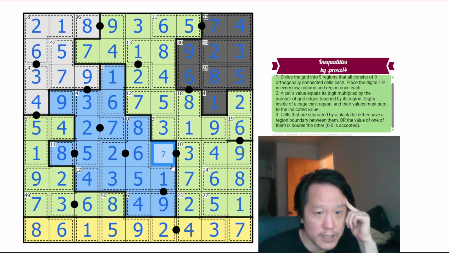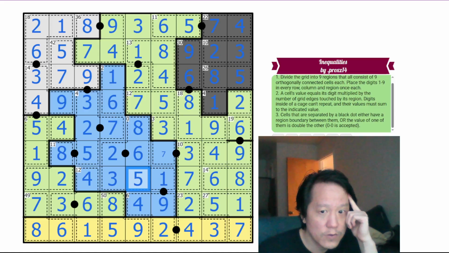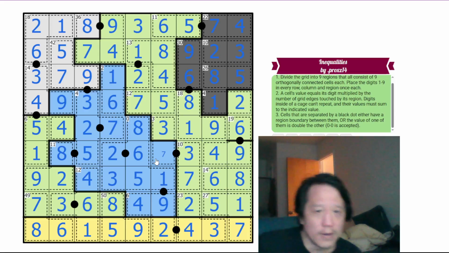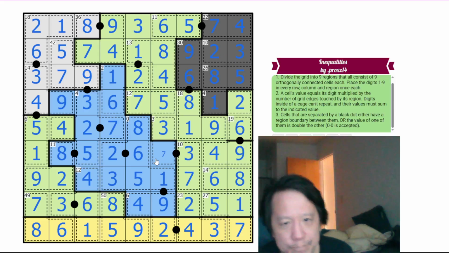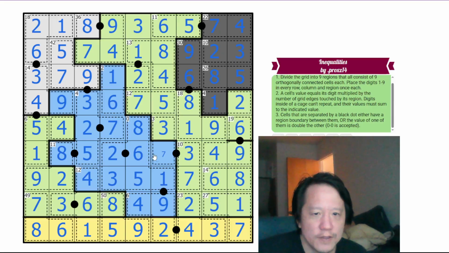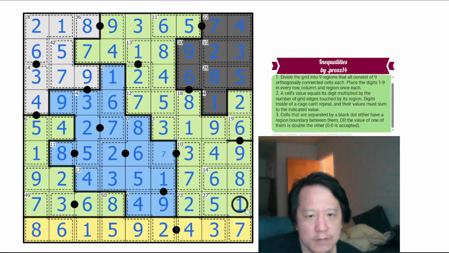Okay, so then we need to divide these into regions. How do we do that? This one cannot be part of this cell here.